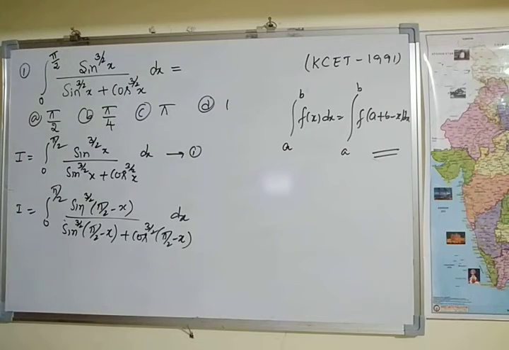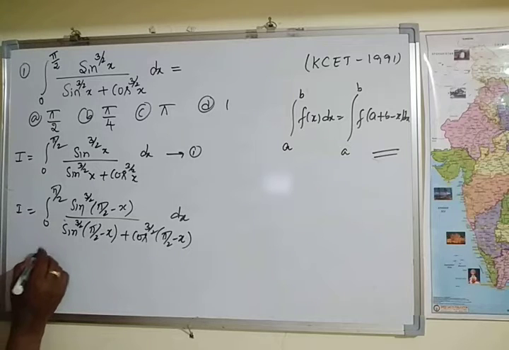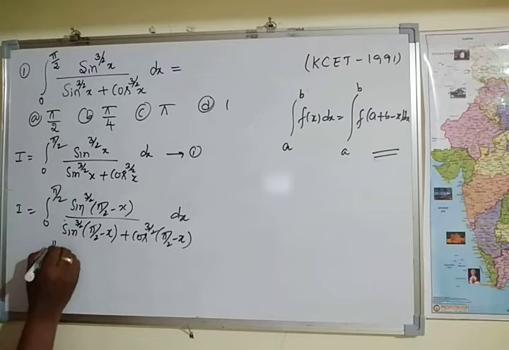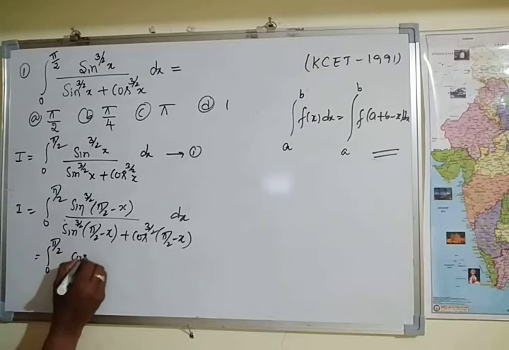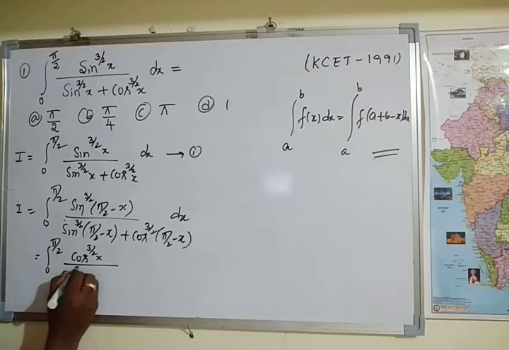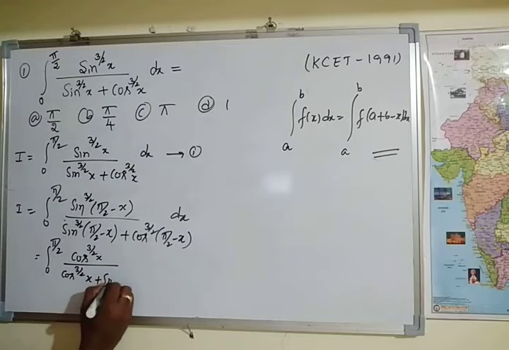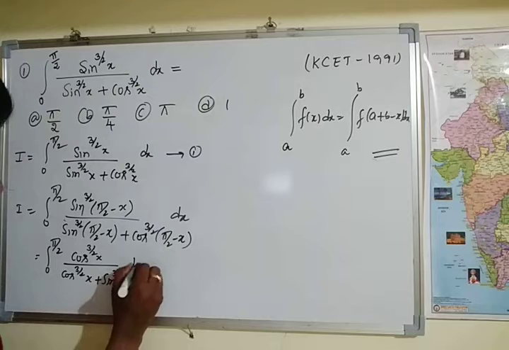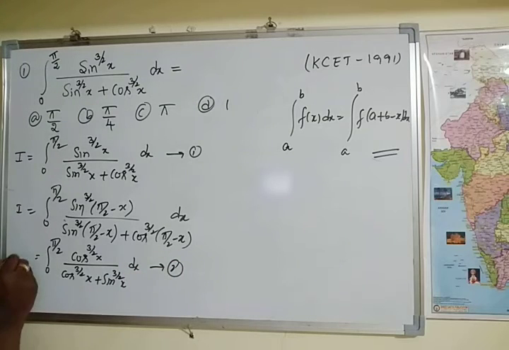Next, sine of 90 minus theta is cos x; it is in the first quadrant, so all are positive. Here we get the integral of 0 to pi by 2 of cos to the power 3 by 2 x divided by cos to the power 3 by 2 x plus sine to the power 3 by 2 x, dx. Consider this equation number 2.